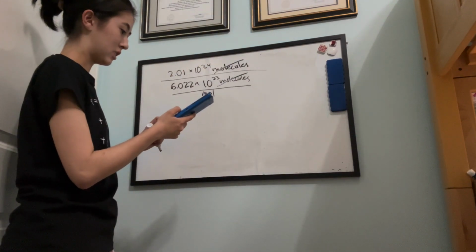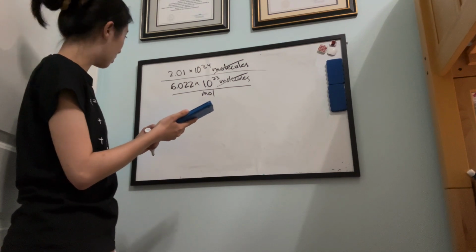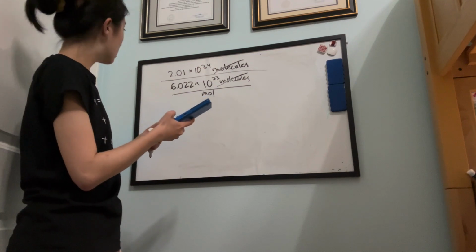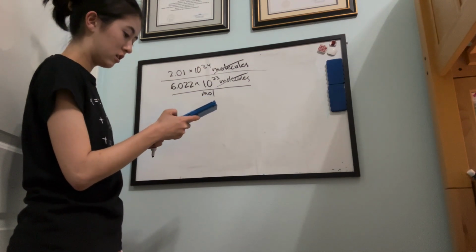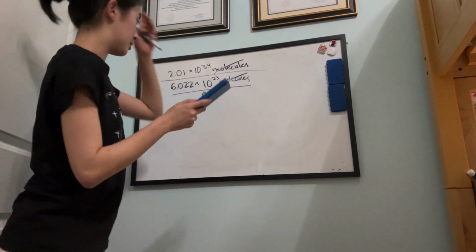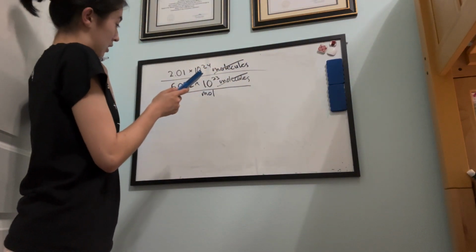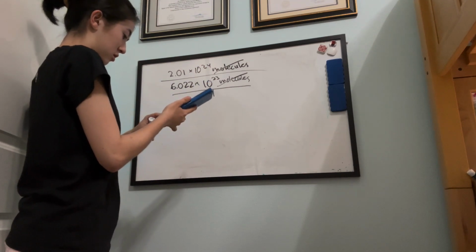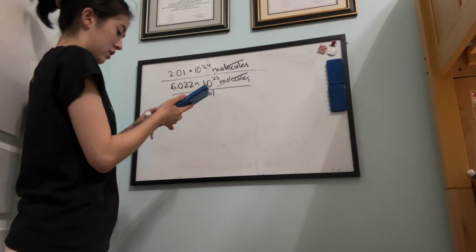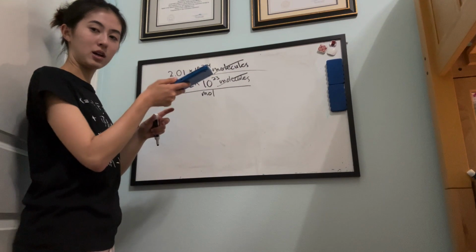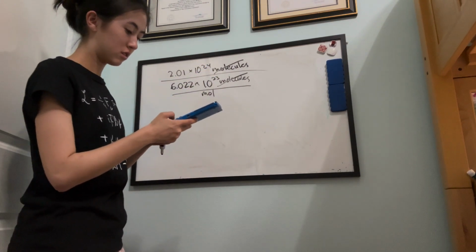So we take the 2.01 times 10 to the power of 24, and I'm going to make sure my Avogadro's number is correct. Yes, it is. Then we divide that by 6.022 times 10 to the 23rd. Sorry, my calculator is always in the way.